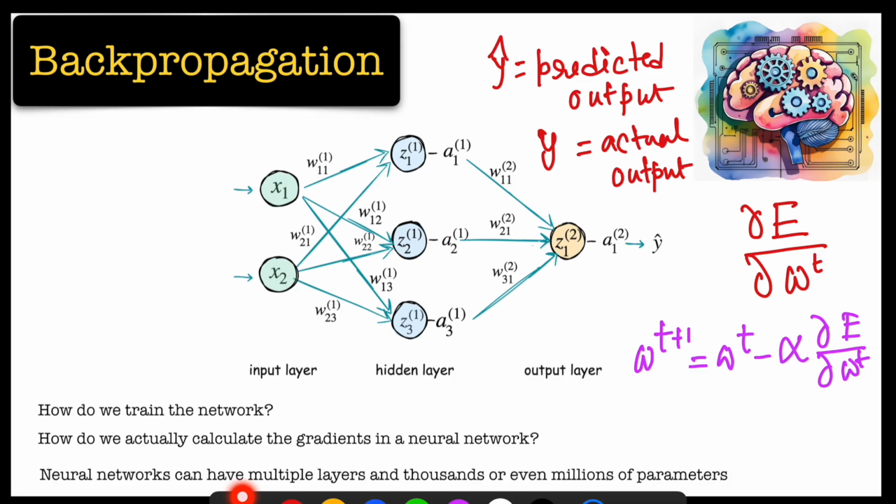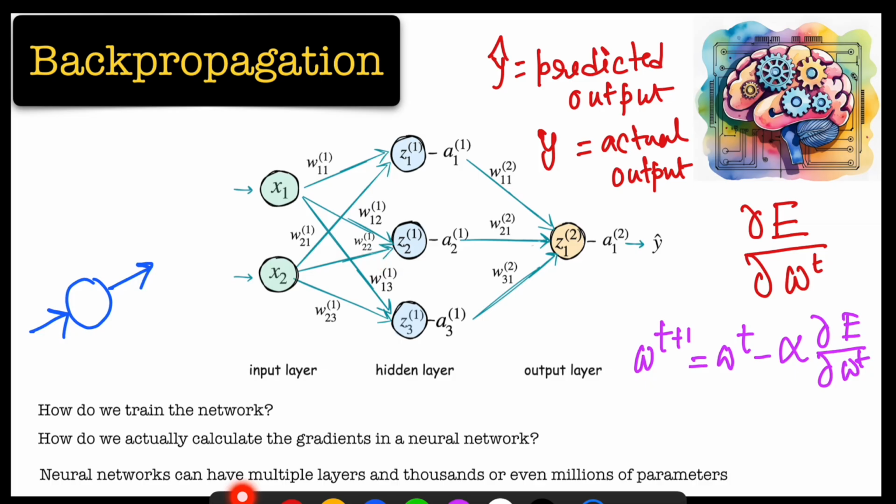But how do I calculate the gradients in a neural network? That we'll see here, because in the structure you saw earlier, we just had a single model. In normal linear regression or logistic regression, we had only one single-node model. Here we have multiple nodes and this structure is complex.